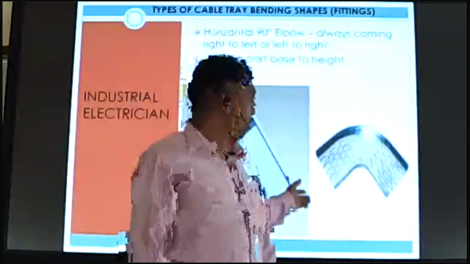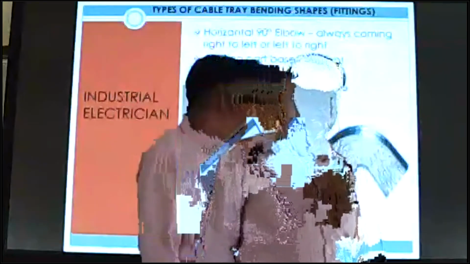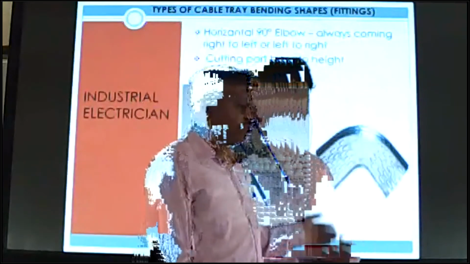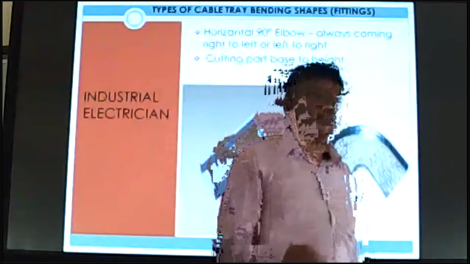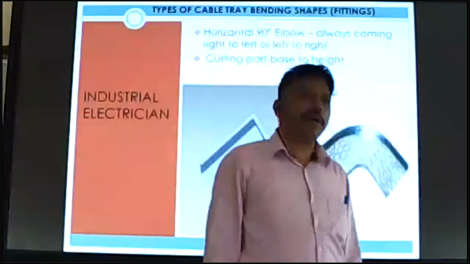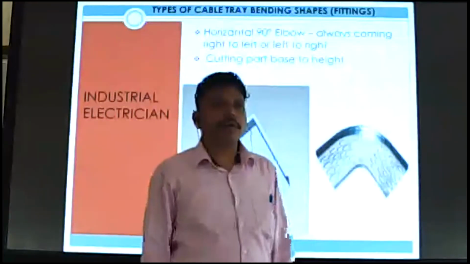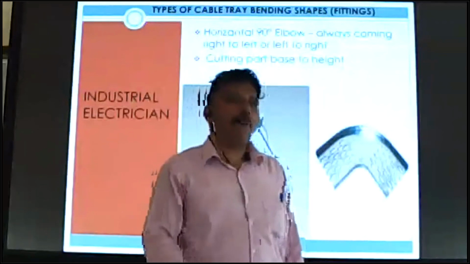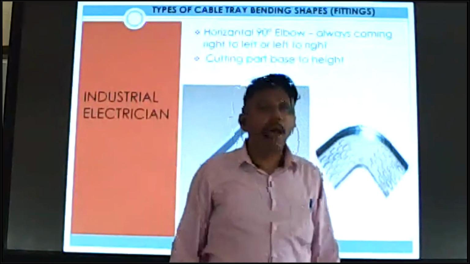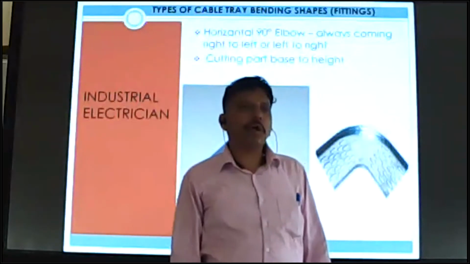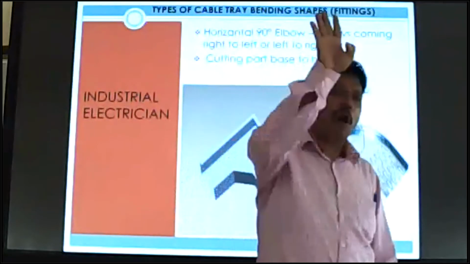First is horizontal 90. Second one, vertical 90, inner and outer. Next one is offset 45 down, and another offset 45 up.